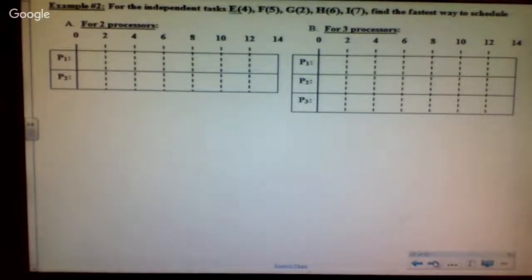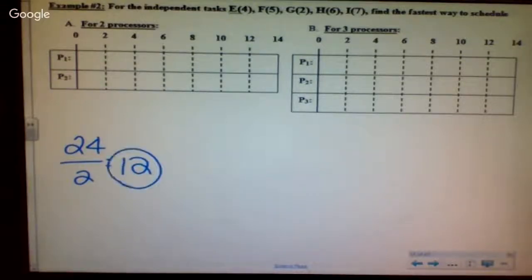I've got some new tasks for you. What's the total time for all of these tasks? 24. This time I'm splitting between 2, so each person should work 12. Our goal is 12.